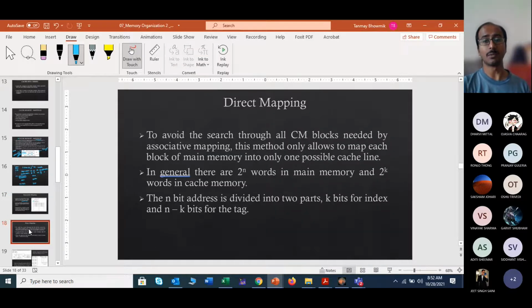In direct mapping, we will use the concept of tag and index, right? Because here we will not search throughout all the available locations. We will use some techniques to map this particular data with that particular location.